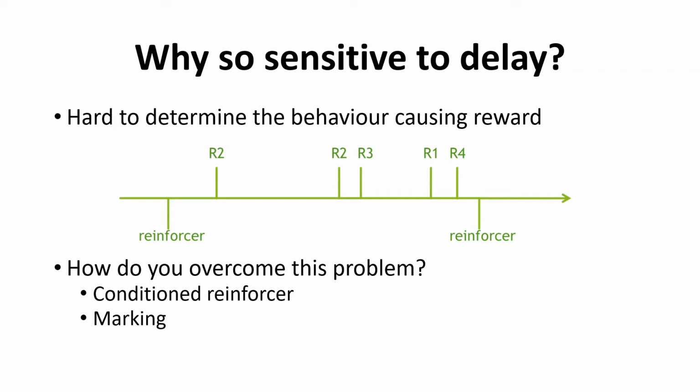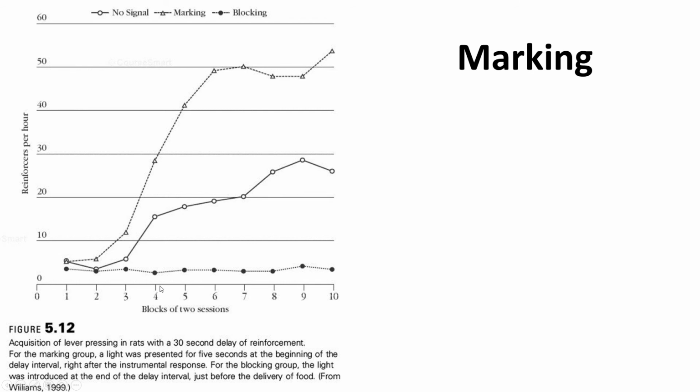And the difference here between marking and a conditioned reinforcer is that the conditioned reinforcer has been conditioned to be a reinforcer, whereas marking is still a neutral stimulus, whose only purpose is to make sure that you note the behavior that you just did. It doesn't necessarily tell you that you should feel good about it, it just tells you that that behavior is special somehow.